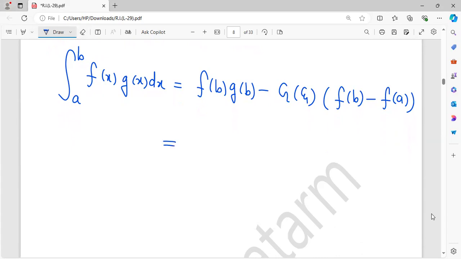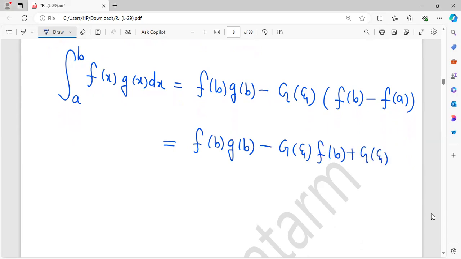You can write it: f b G b minus G xi f b plus G xi f a.